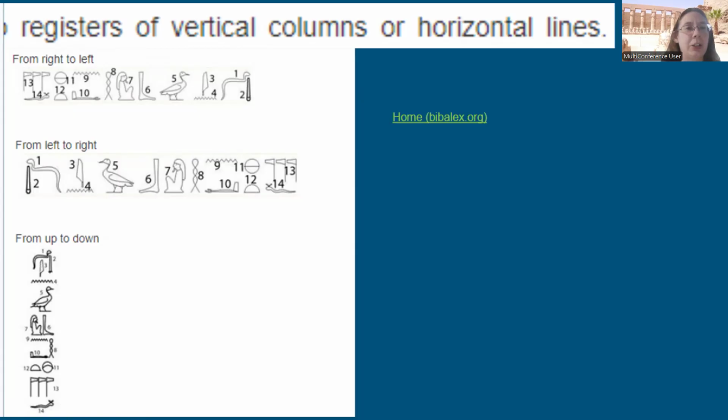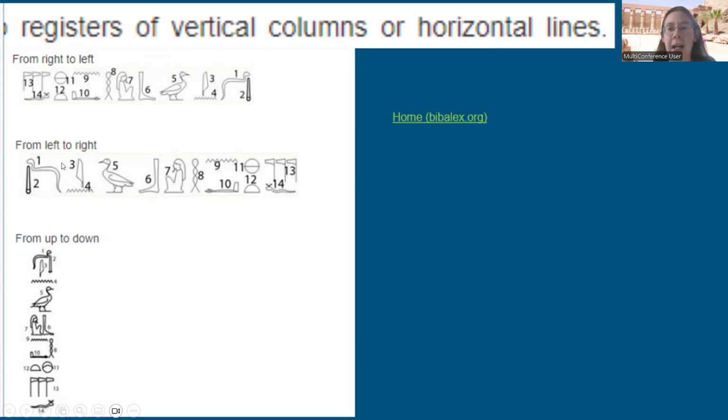And so that's how you know you're going to start reading from the right, so at the end of the column, and end at the left. That's why if you look at these numbers, the numbers are the order that you read these signs in.